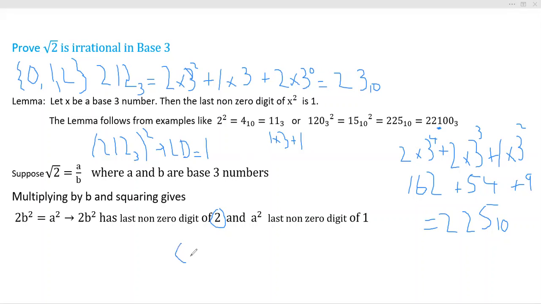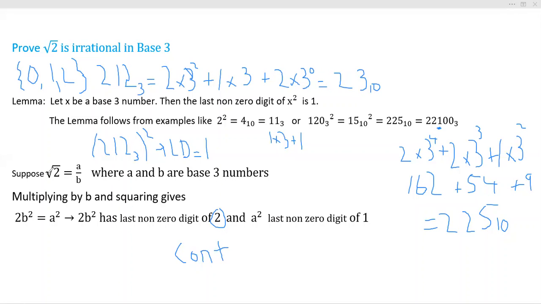This says that 2b squared has a last non-zero digit of 2, and that a squared has a last non-zero digit of 1. Well, no way, because they're equal to each other, this statement says, from this supposition here. So we suppose that root 2 could be written as the ratio of 2 base 3 integers without them being reduced. All right, so that's the contradiction.